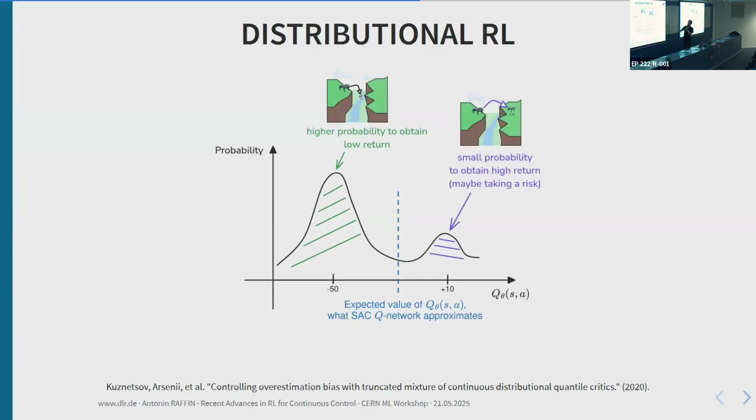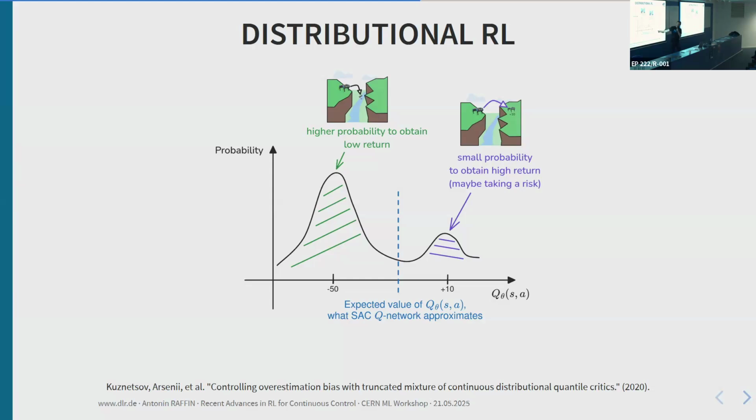So what does that mean? Here I'm plotting the expected performance, the Q value, in a given state, taking a given action. I'm trying to model a bit what happens in the previous environment. You will have a very small probability of getting a very high performance, which means probably taking a risk, and a high probability of failing, so getting a low return.